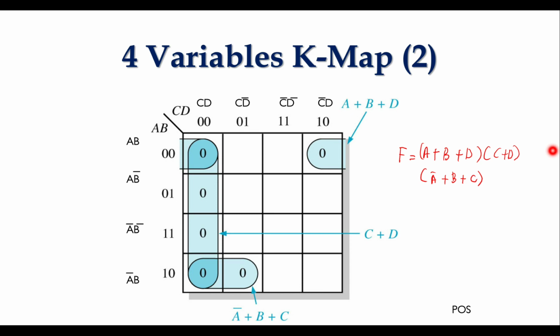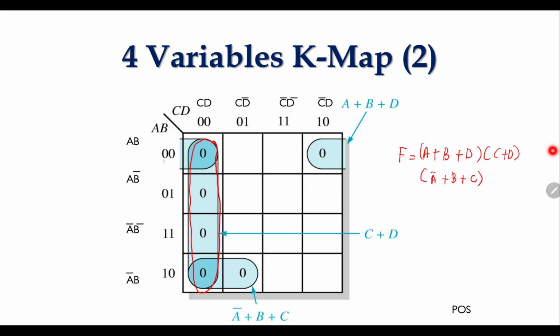You already located them in the K-map. So this is an example for simplification. If you have locations like that, you can do simplification by grouping the 0s like that.